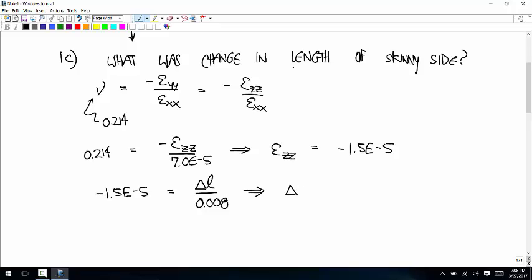That's all I got. I'll email you later when I figure out what you're talking about. Okay, so there's the change in length on that side.